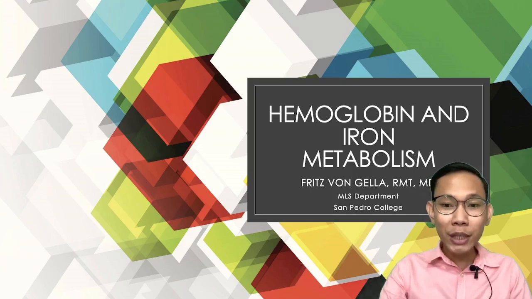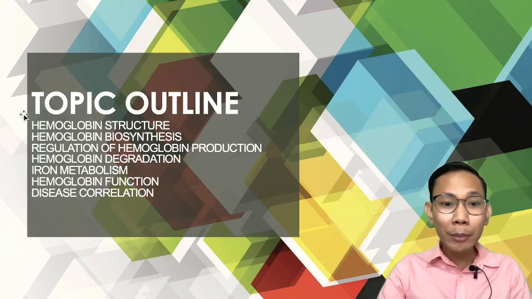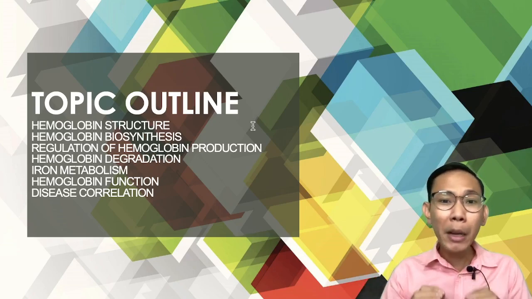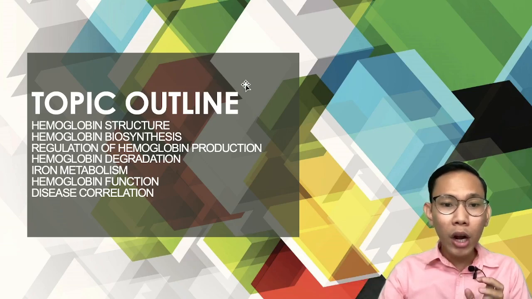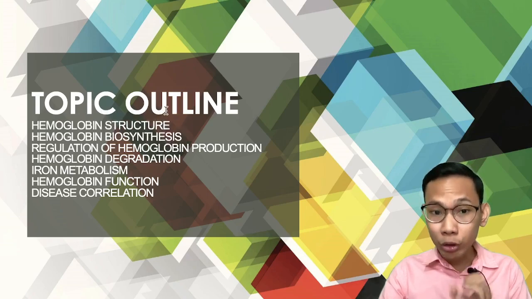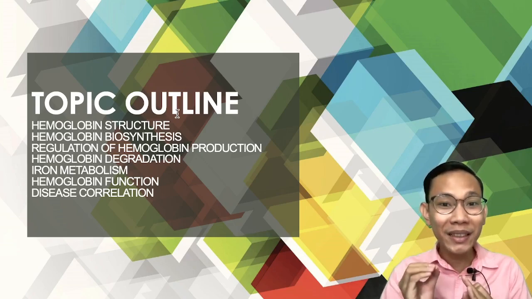So now let's proceed with our topic outline. For today, our topic outline will be about your hemoglobin structure. Remember, we are talking about your hemoglobin synthesis and iron metabolism. Therefore, we will discuss what comprises your hemoglobin in terms of the structure. How do we make your hemoglobin, or how is hemoglobin synthesized?